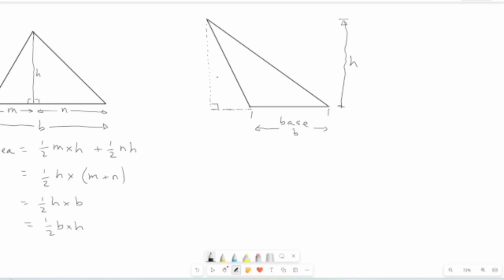We've got one that is composed of these edges here, and we know the area of that one is 1/2 of its base, which is this distance here. We'll call that n.